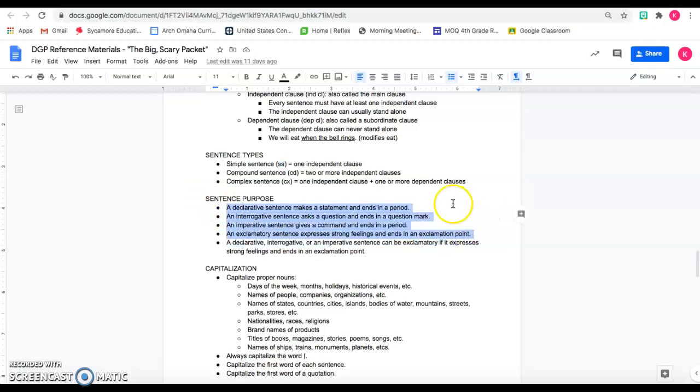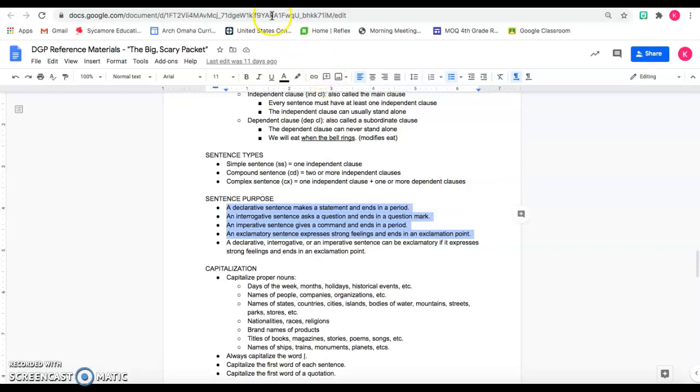One is declarative, and you can read here that it makes a statement and ends in a period. Next, we have interrogative sentences, which ask questions and end in a question mark. We have imperative sentences, which give commands and end in a period. And then finally, we have exclamatory sentences, which express strong feelings and end in an exclamation point.